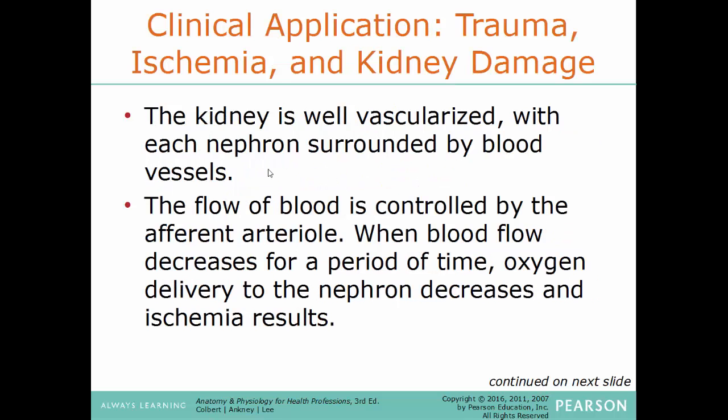All right, now we'll talk about a clinical application: trauma, ischemia, and kidney damage. The kidney is very well vascularized, and each nephron is surrounded by a network of blood vessels. Now the flow of blood is controlled by the afferent arteriole. When blood flow decreases for a period of time, oxygen delivery to the nephron will go down, and you get ischemia as a result.